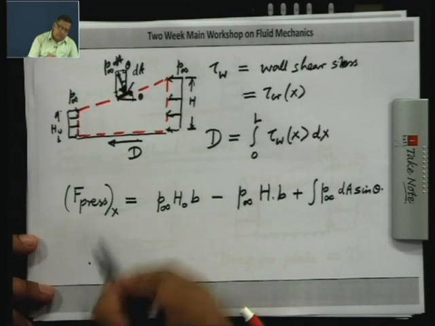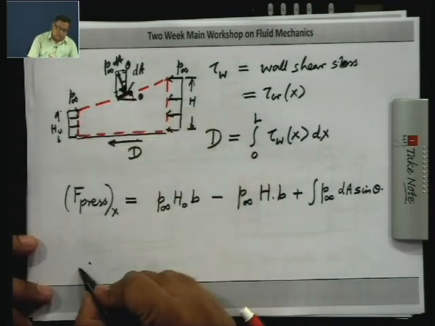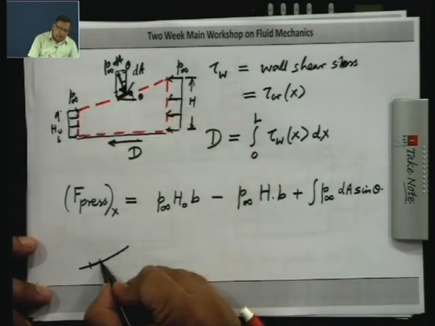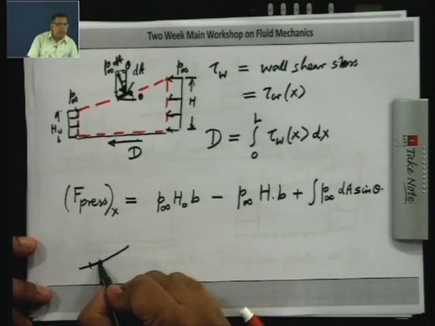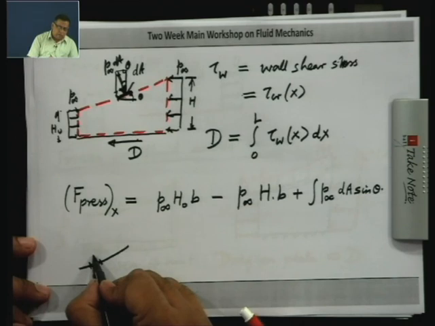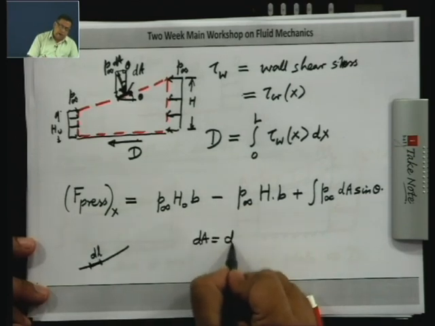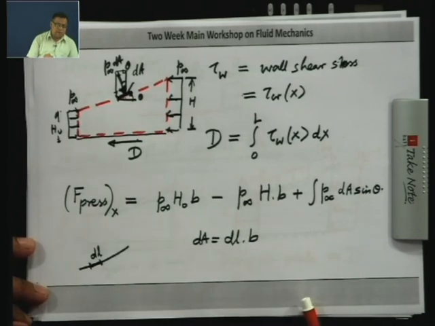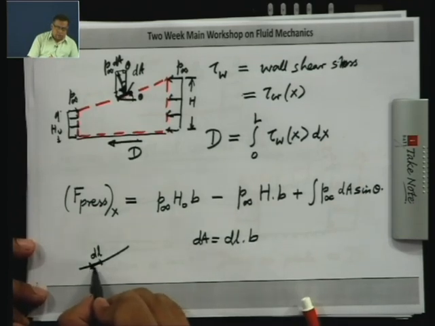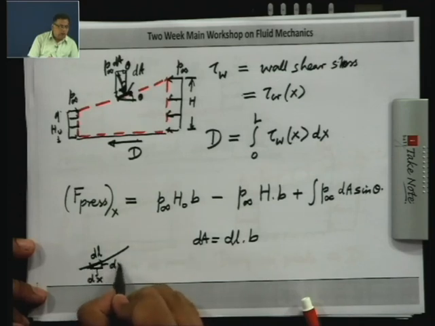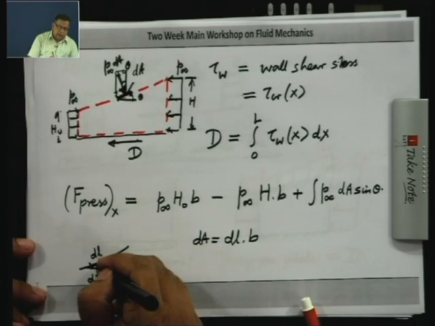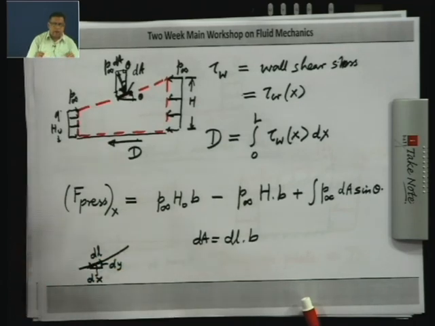Suppose I say this is my curved surface, but I have a small area element. So, this surface dA is tangent to this curved surface. So, if I say this length is dl, then dA is going to be dl into the width in the z direction. Now, I can draw this triangle over here. This is going to be dx and this is going to be dy, and this angle is theta.